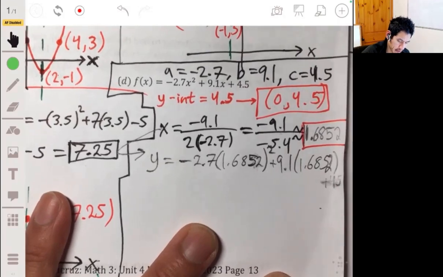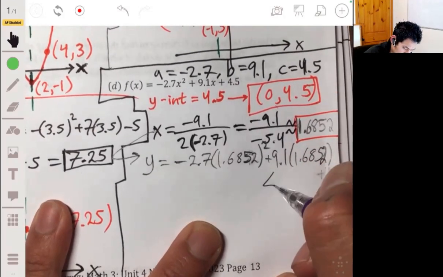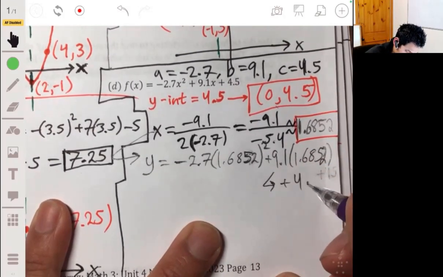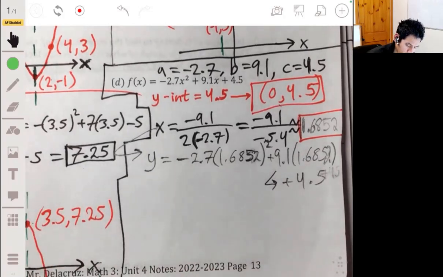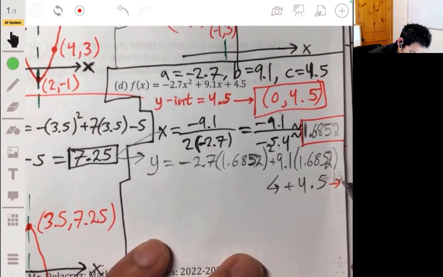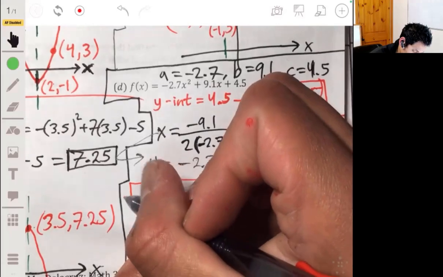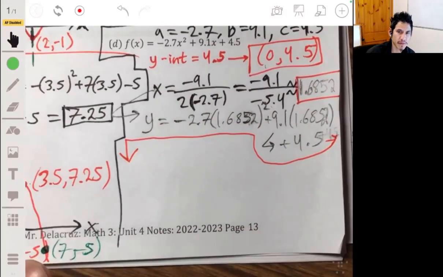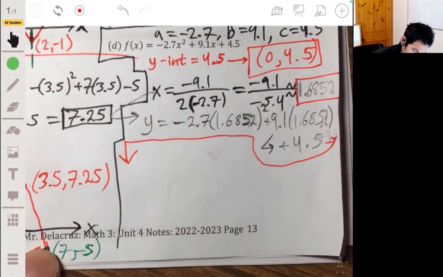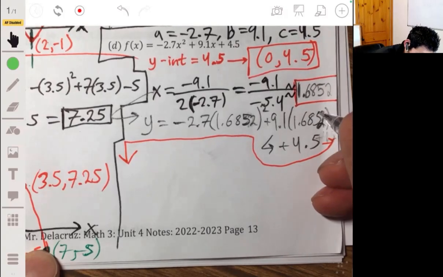I mean, I hate doing this stuff like this. Plus 4.5 to that. And let me just put it over here, so we don't get confused, even though it probably is confusing by how I organize that.